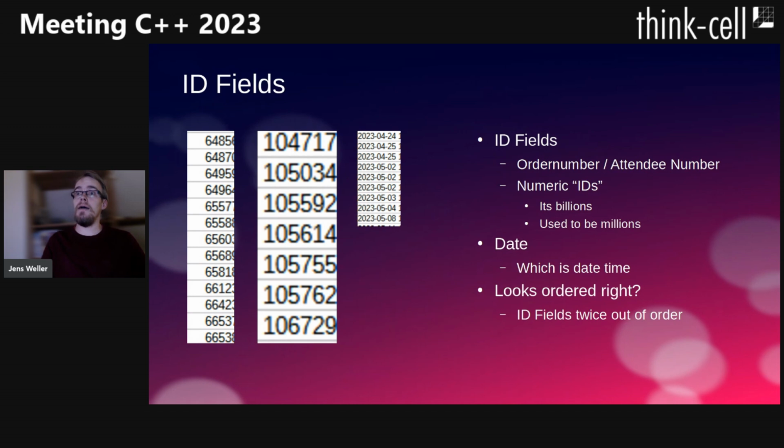I thought, I know, it's ordered by date, right? No, it wasn't. So if you don't have documentation that guarantees you the ordering, and you find a field in your data that looks ordered, check if it really is.